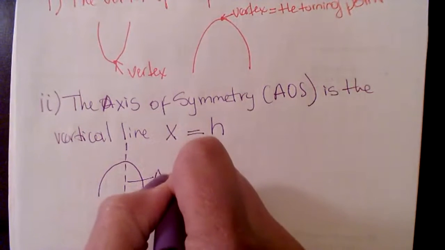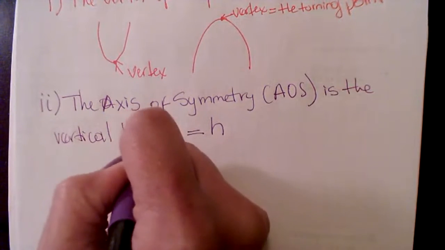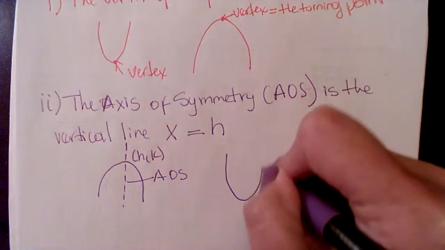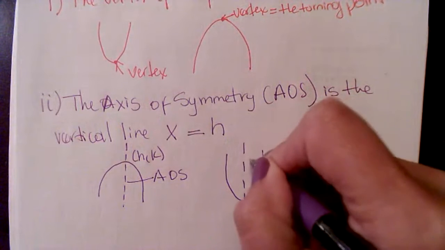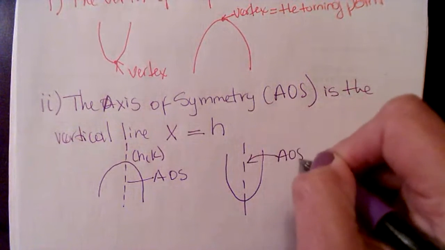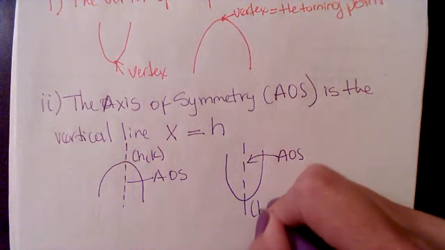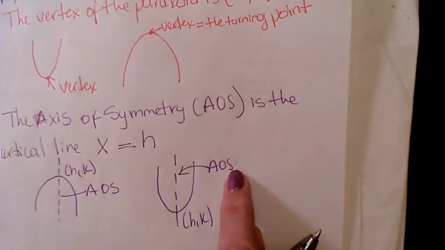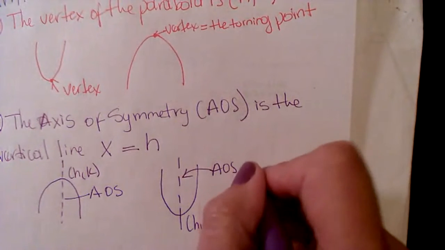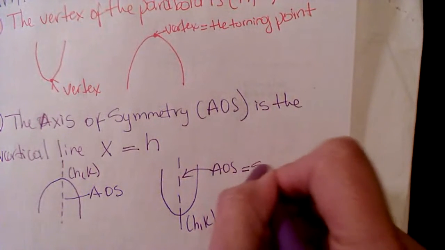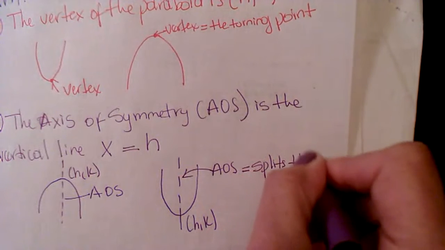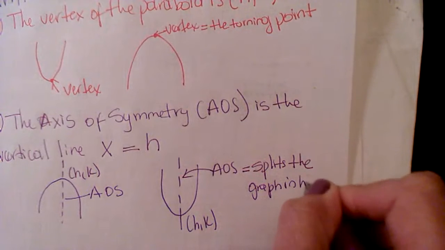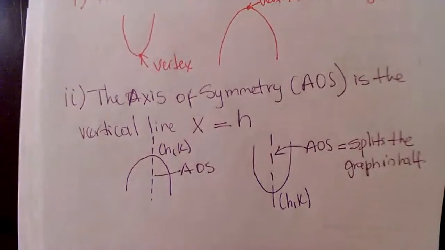This is the axis of symmetry, and this is h comma k. What does the axis of symmetry do? It splits the graph in half. And we can see that, okay?